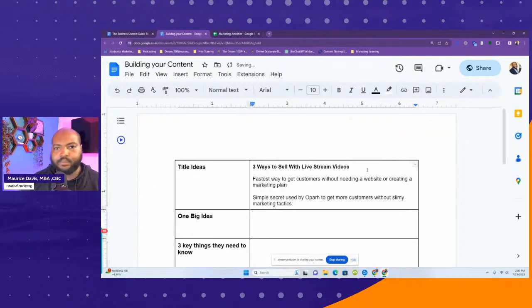Right. Okay. So these are two ideas that I might leverage when I'm doing this.